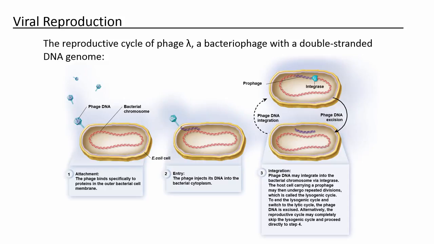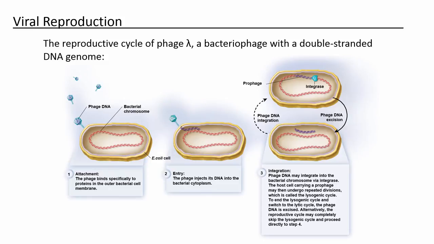We'll start with attachment, and I'll describe how phage lambda attaches to a bacterial cell, and then how HIV attaches to a helper T cell.